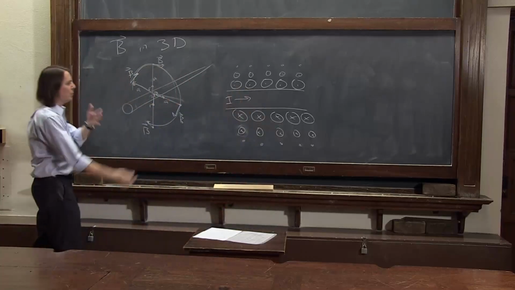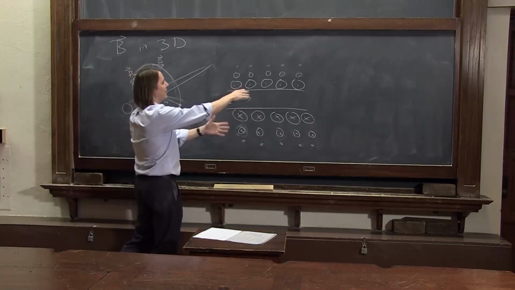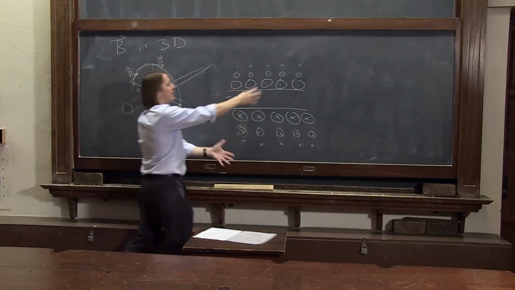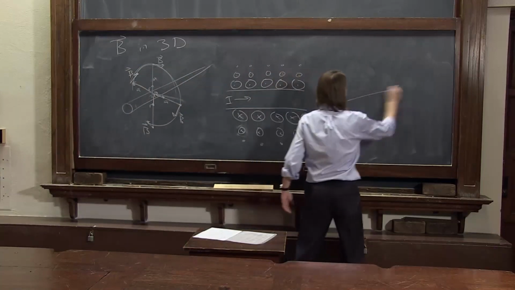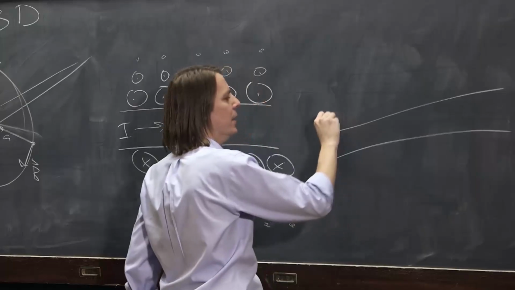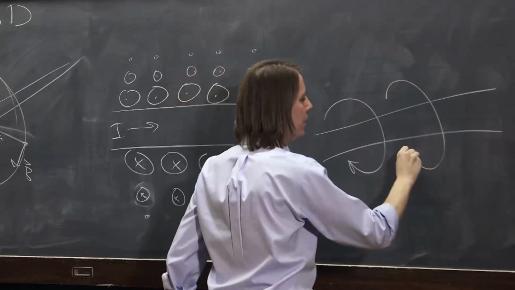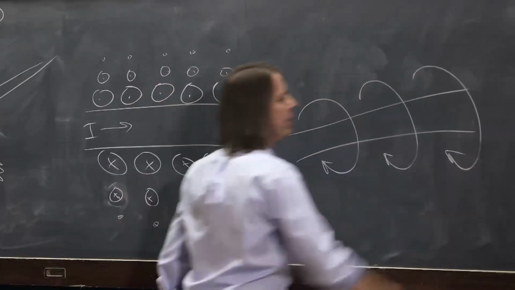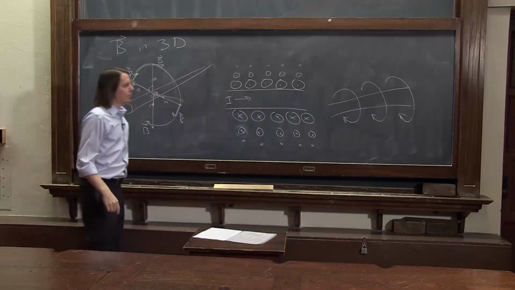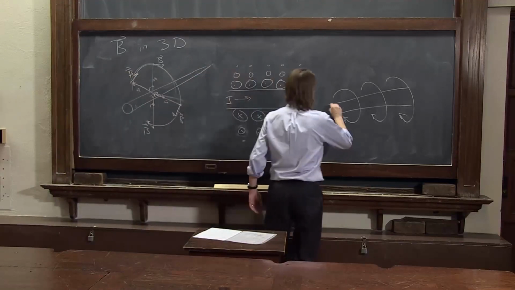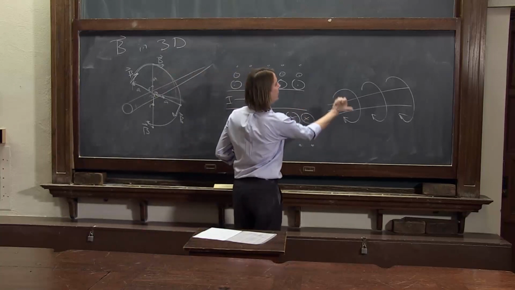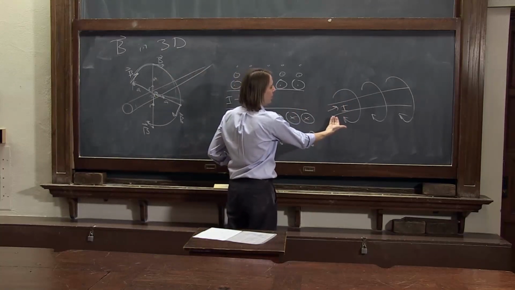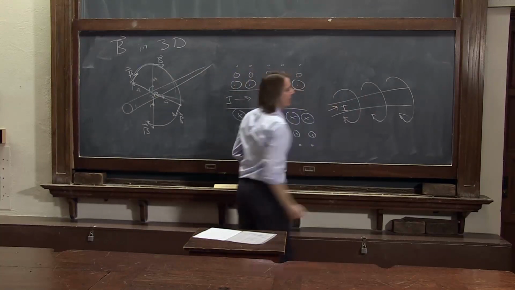Okay. So that's if you wanted to look at it in the plane again. We can think about the fact that it goes around the wire and that its magnitude goes down as you go away from the wire. In the previous learning sequence, we kind of drew it like this. We just drew single field lines going around the wire, like that. And also remember that there's a right-hand rule involved. Before we told you that the way to get the direction of the field going around is put your thumb along the wire and your fingers curl around with the direction of the field.